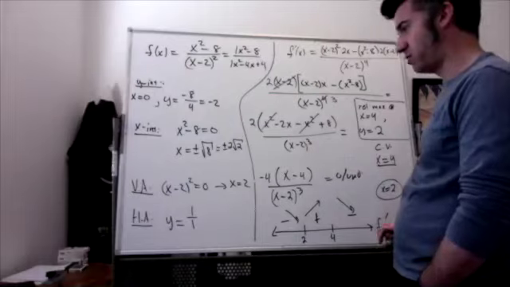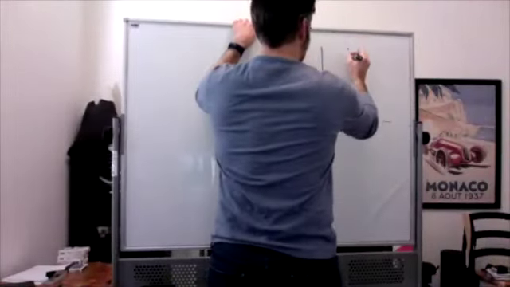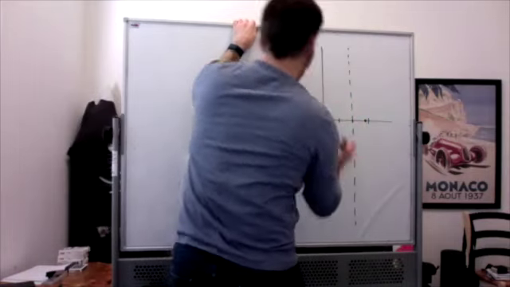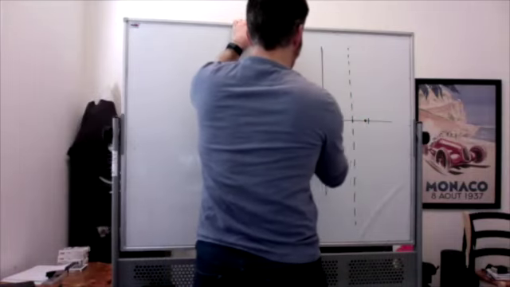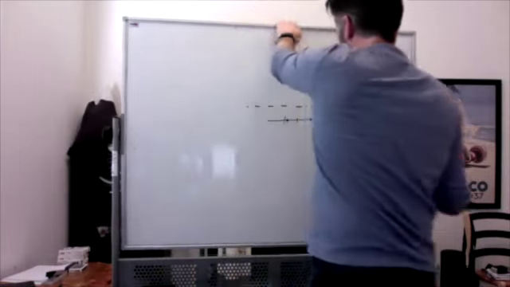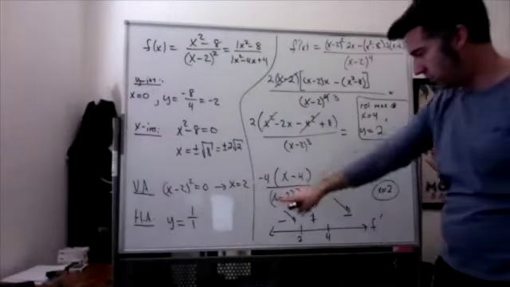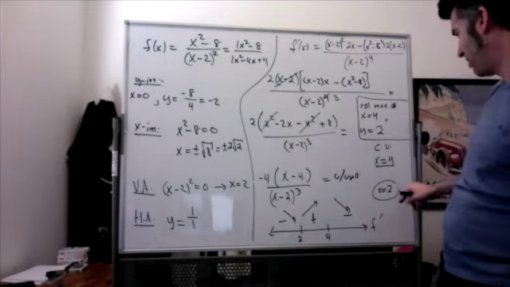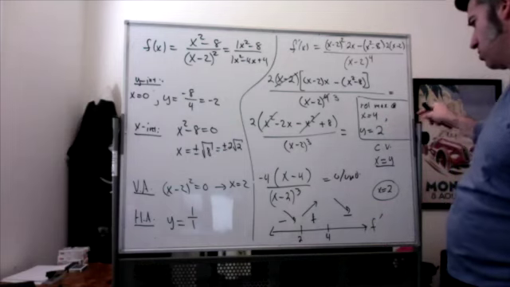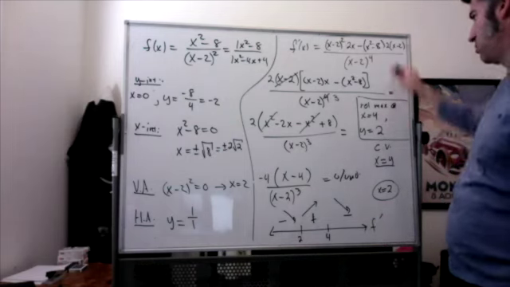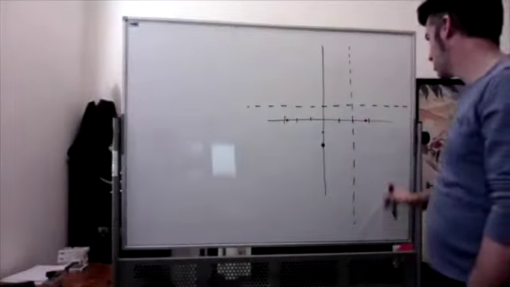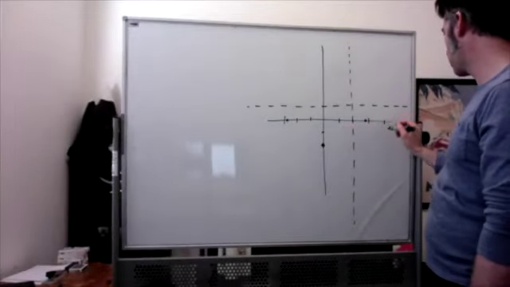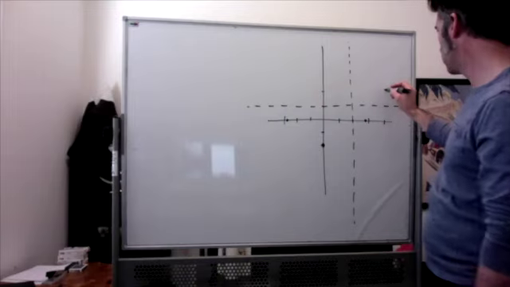I said I had a horizontal asymptote at 1 and a vertical asymptote at 2. And I also know the graph is going to be decreasing until I get to 2, increasing after 2, decreasing after 4. I also have the point 4 comma 2. So 1, 2, 3, 4 comma 2.